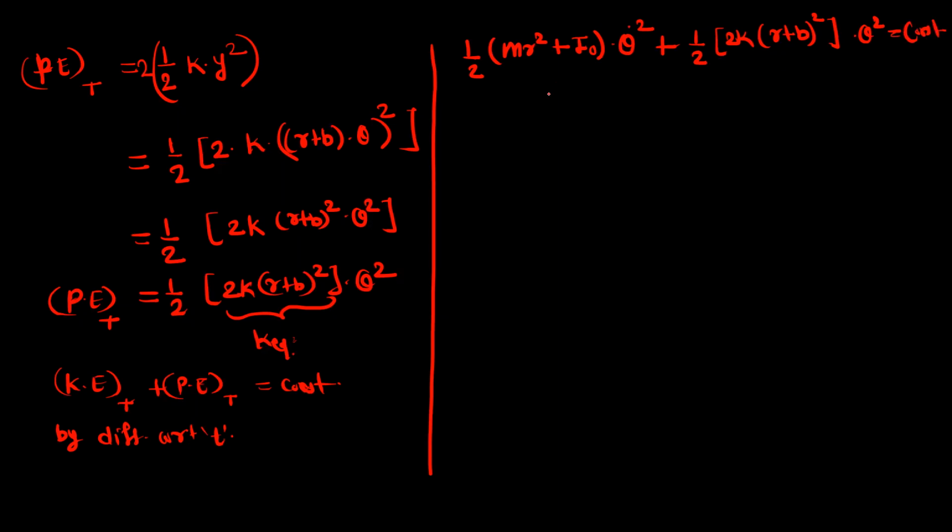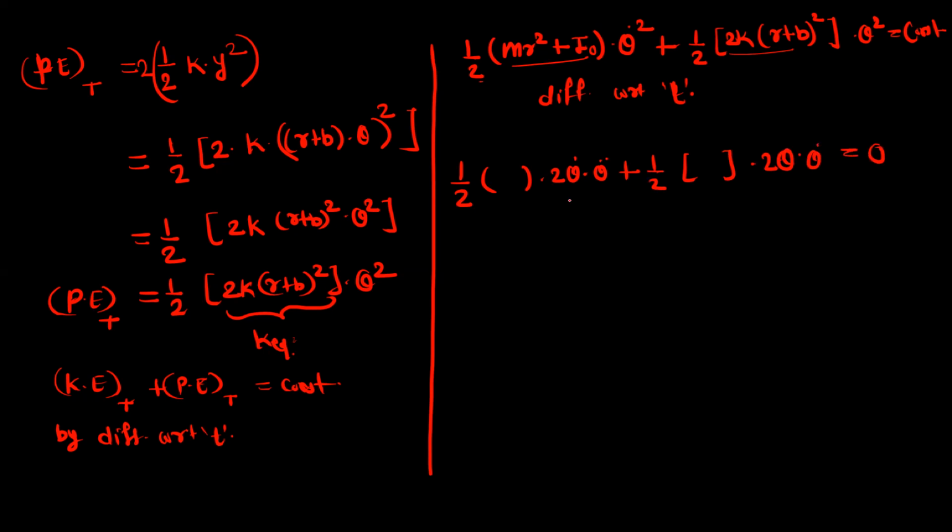Okay, now differentiate this complete equation. After differentiation, this is constant, so you can cancel. This is also constant. So 1 by 2 into 2 theta dot theta double dot plus 1 by 2 into this constant term 2 theta dot is equal to 0. So this theta dot we can cancel out.